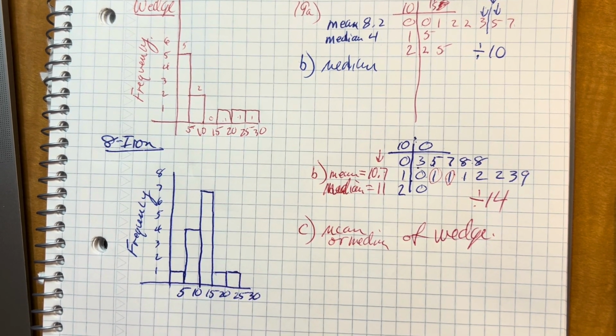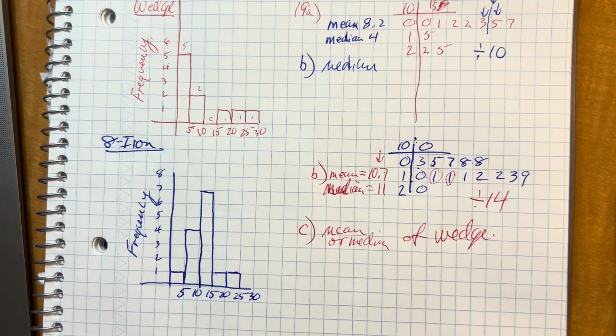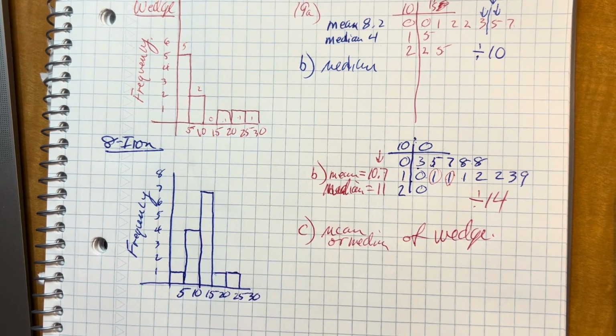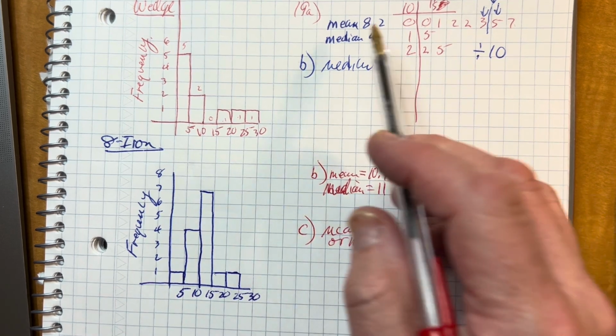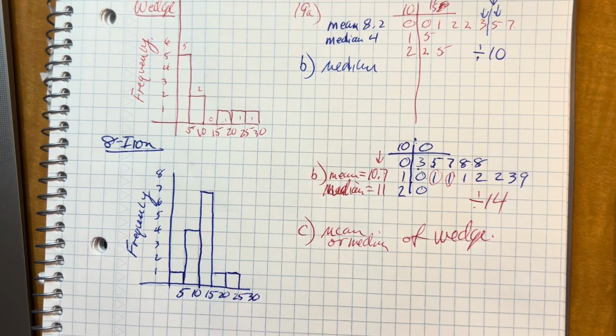Let's move on to number 20. Now, for number 20, it asks you a couple different things, some of which we can work out here. It is as important to consider the spread of the data as it is to consider the center when comparing these data sets. Calculate the interquartile range.